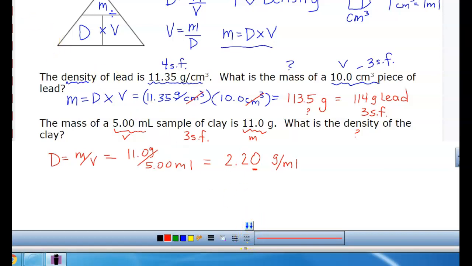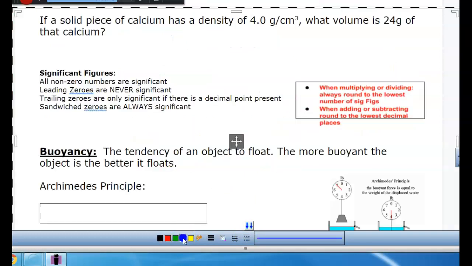Okay, we're going to move on and do one more calculation. Okay, so our last calculation of density is if a solid piece of calcium has a density of 4.0 grams per centimeter cubed. It's asking us what volume, so we want to know what volume is 24 grams of that calcium. So let's label that one, that's mass. So if we want to know volume from our density triangle up above, we are going to take our mass and we're going to divide it by density.